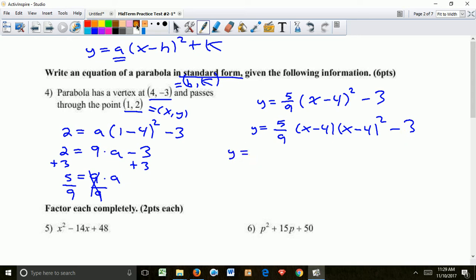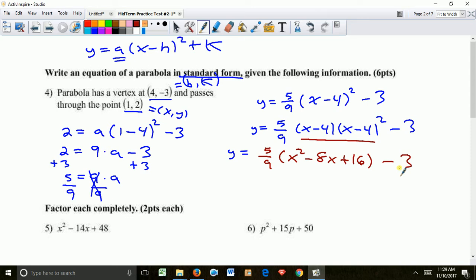If you were to FOIL this one out and combine like terms, you would get 5/9 and then you would get x squared minus 8x plus 16 minus 3. All I did there was FOIL everything out and combine the inner and outer, outer and inner terms. Negative 4x minus 4x, negative 8x.